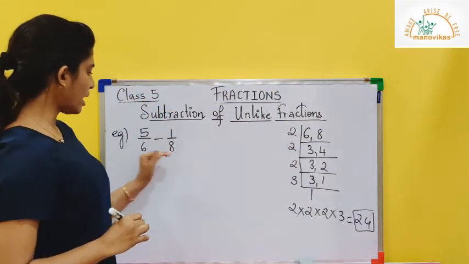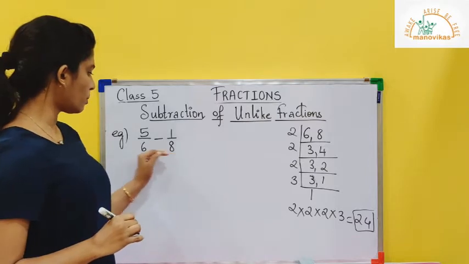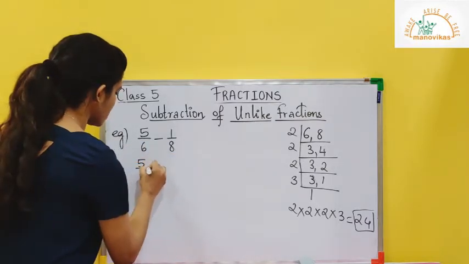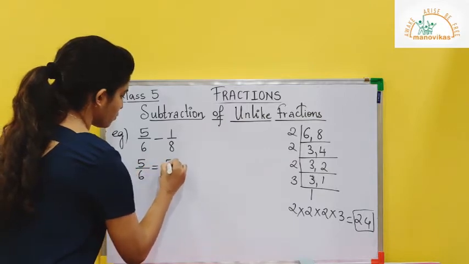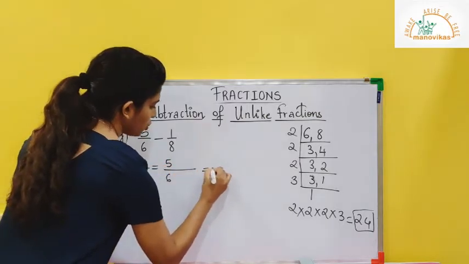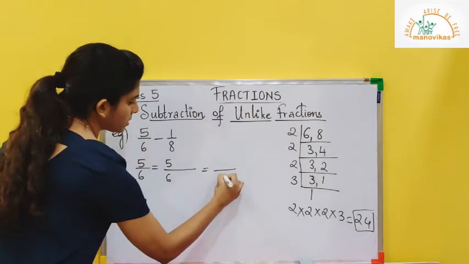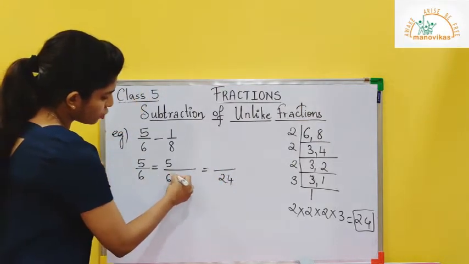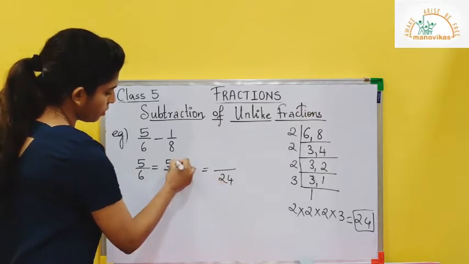Now in this case we have to change both these denominators into 24. So let's bring down 5 upon 6 first. So 5 upon 6, you have to make this denominator 24. So if I multiply 6 into 4, I will get 24.